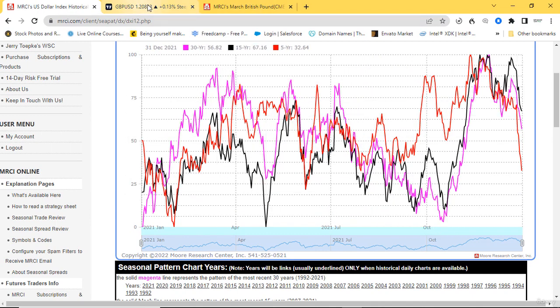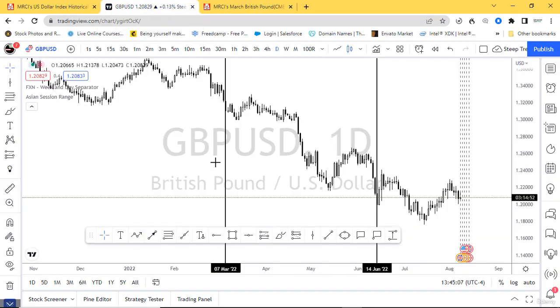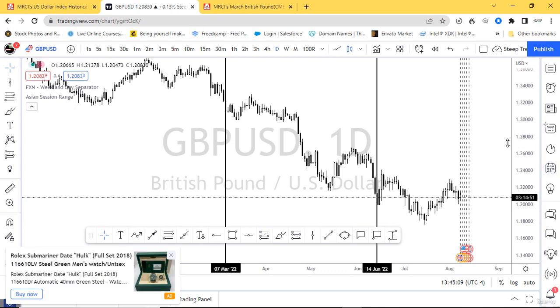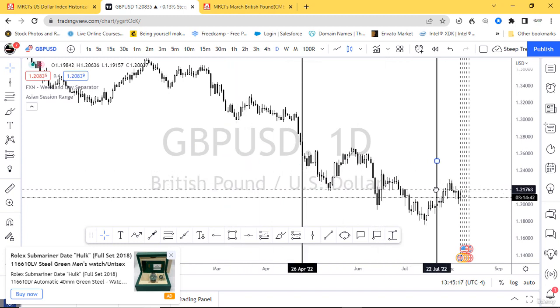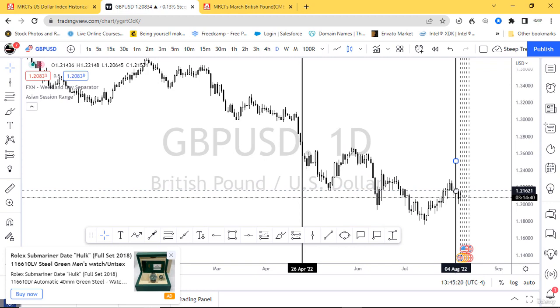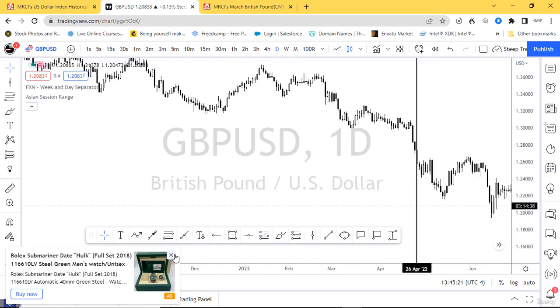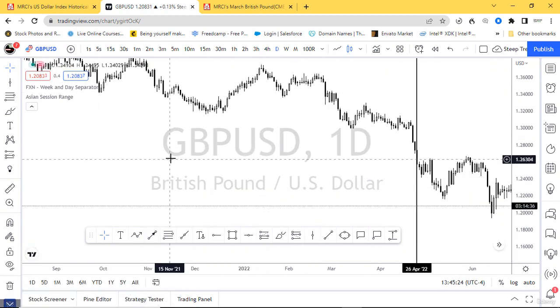So what does that mean? Well, let's look at the chart between the two. Of course, we're in July right now. So let's go back to, and this is TradingView, by the way.